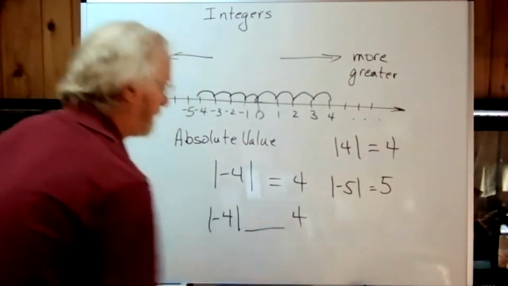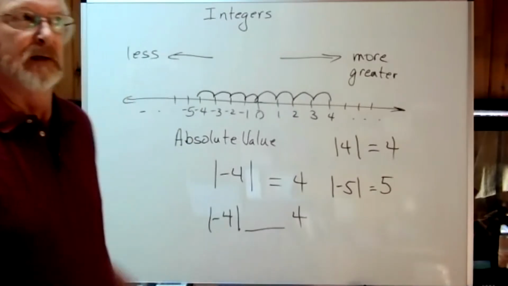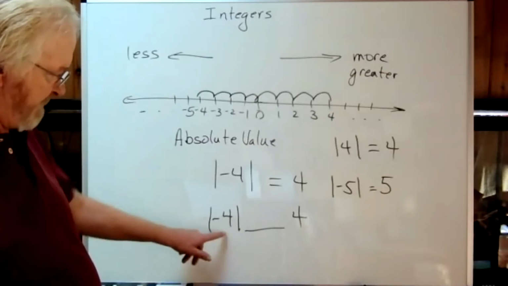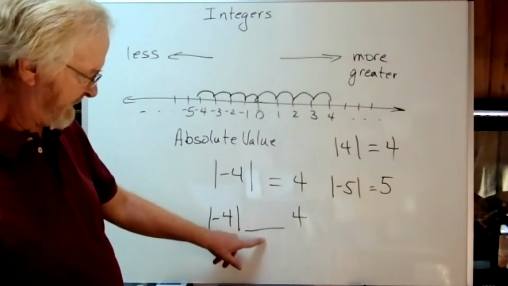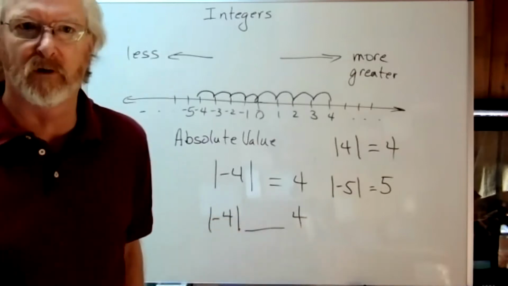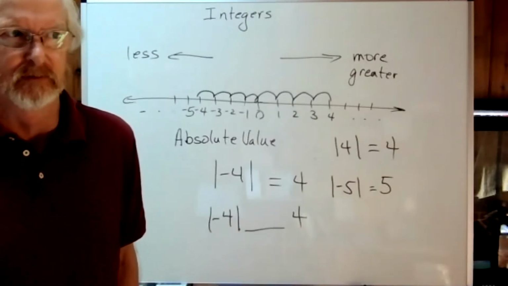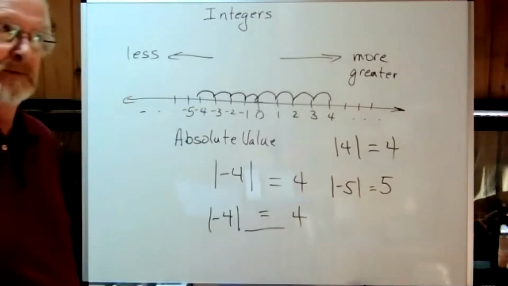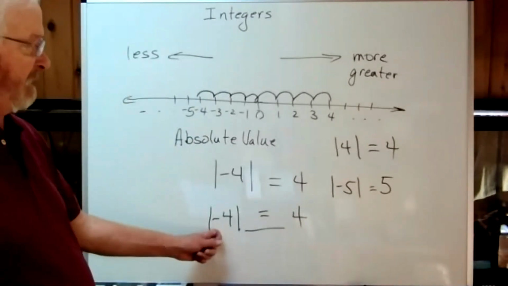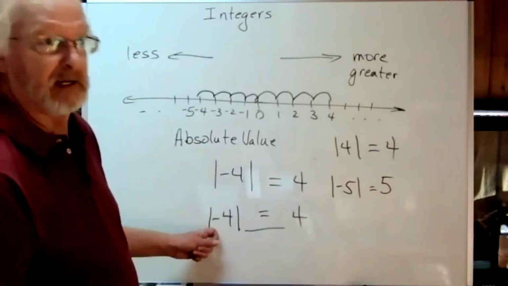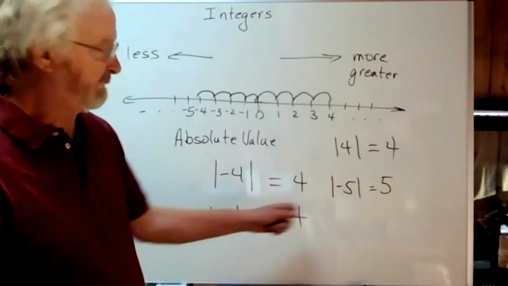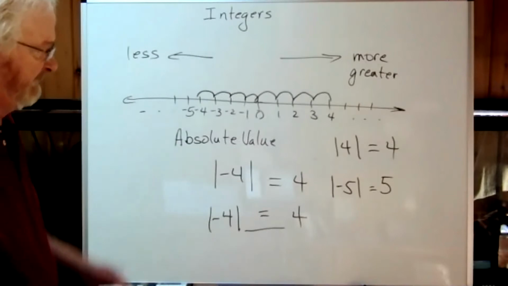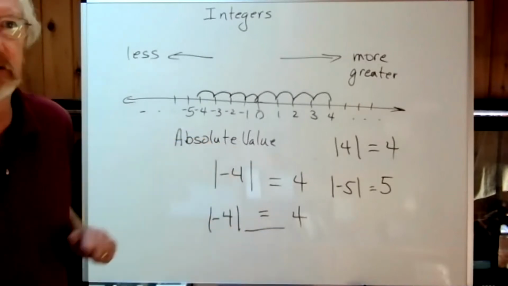Now, if I give you one of those problems, use one of our comparison symbols. The absolute value of -4, how does that compare in size to 4? Which one's bigger? Well, they're actually the same. That number simplifies to 4. 4 equals 4. So that's kind of playing games with that symbol and our inequality.